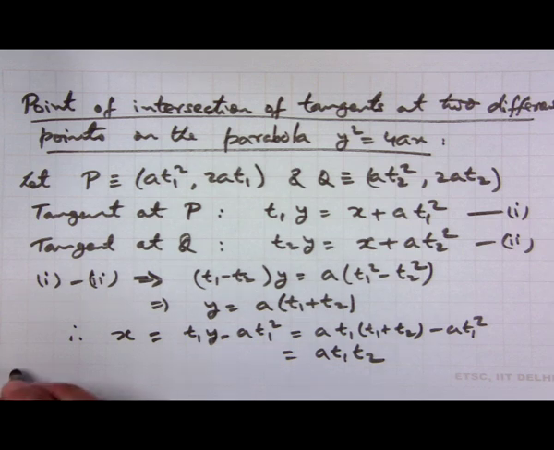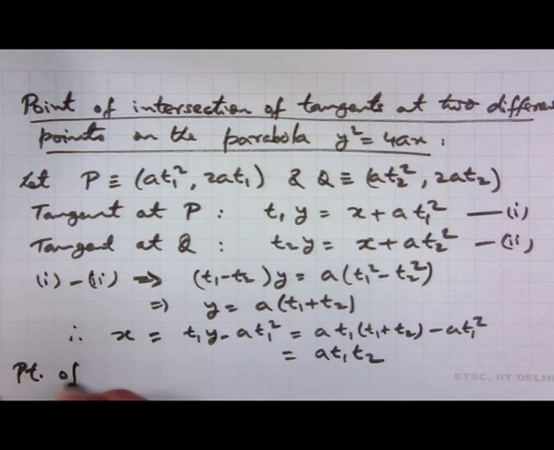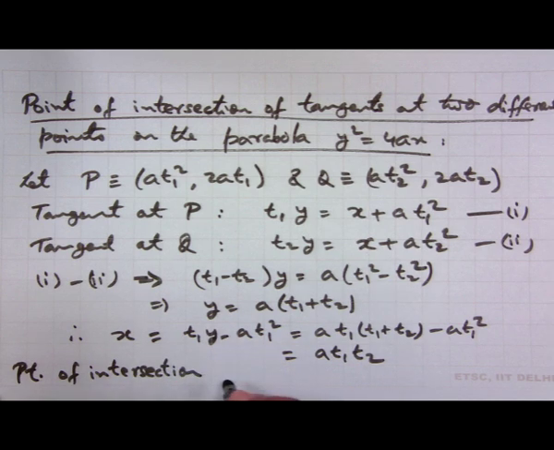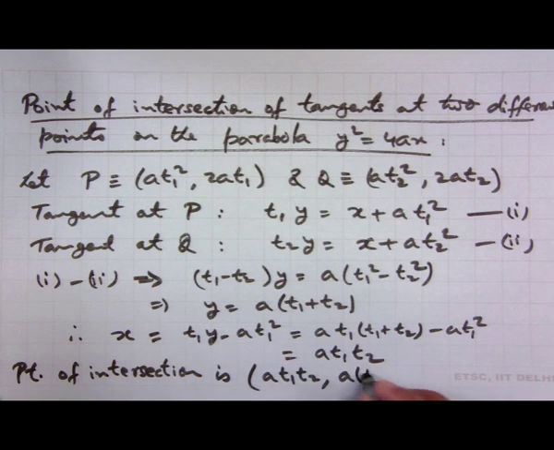So, the point of intersection is given by (a t 1 t 2, a t 1 plus t 2). This formula again will be useful to remember. Point of intersection of two tangents is (a t 1 t 2, a t 1 plus t 2).